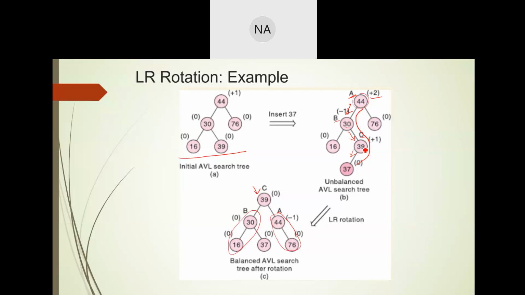Node C has a left subtree, but it has no right subtree. So the left subtree of node C is made the right subtree of node B, and the right subtree is made the left subtree of node A. The right subtree is empty, so the left subtree of node A will also remain empty. So this is the final tree.